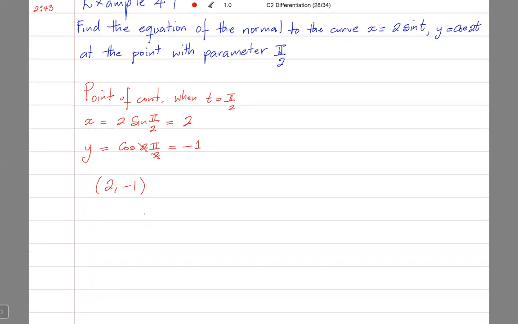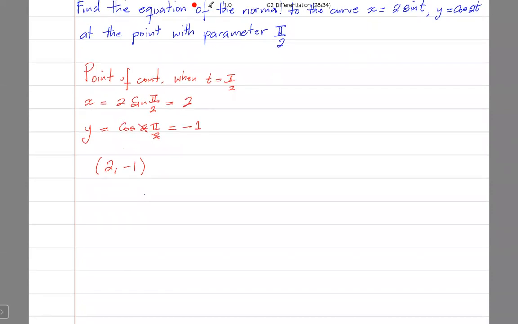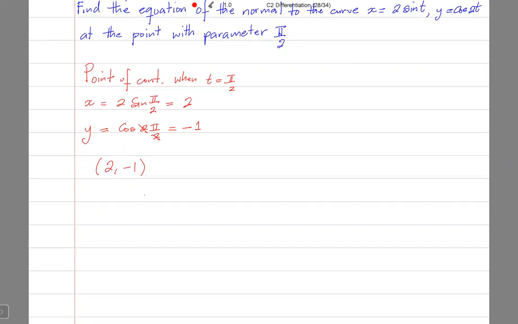Let's find the gradient. We know that dy by dx is going to be equal to the gradient of the tangent. To get the gradient of the normal, we must invert the gradient of the tangent and change its sign. So x is equal to 2 sine t, and y is equal to cosine 2t.